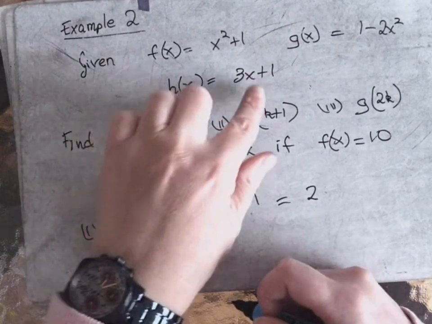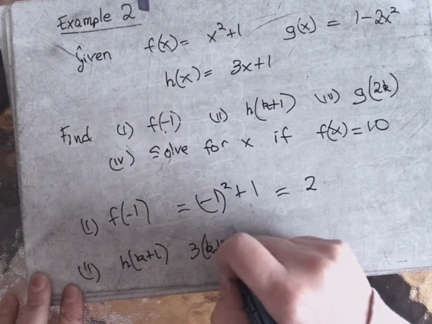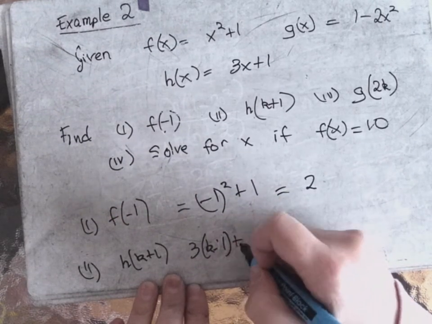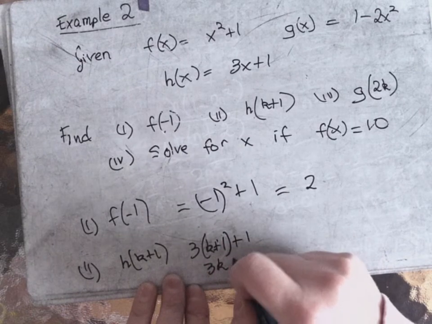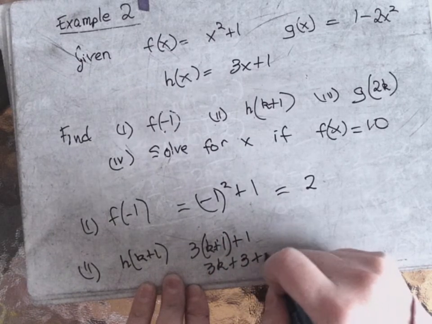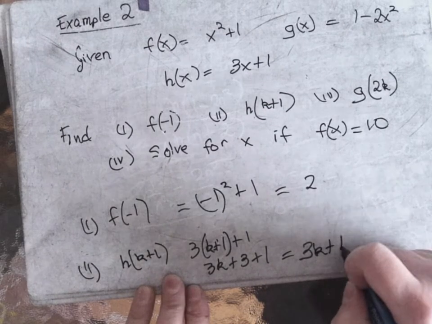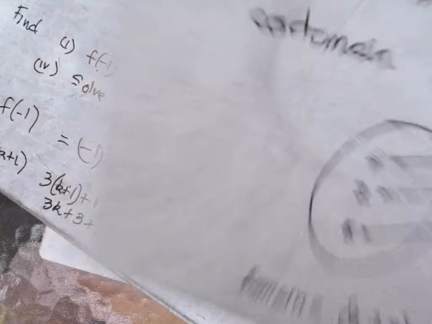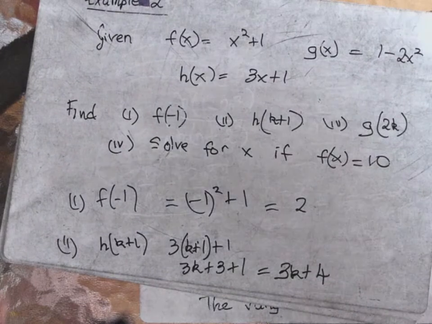So it's 3 times k plus 1, plus 1, and then multiply out, that would be 3k plus 3 plus 1, which would be 3k plus 4. You might want to pause and write that down.